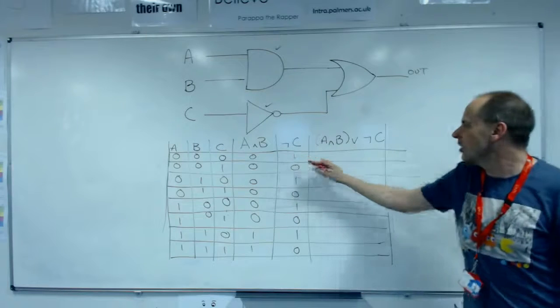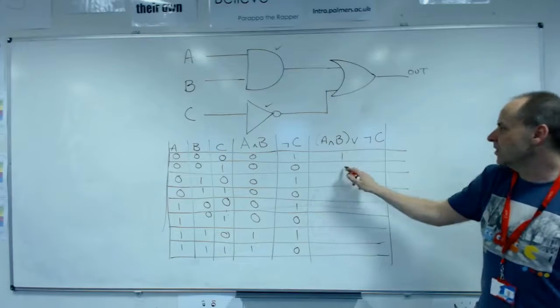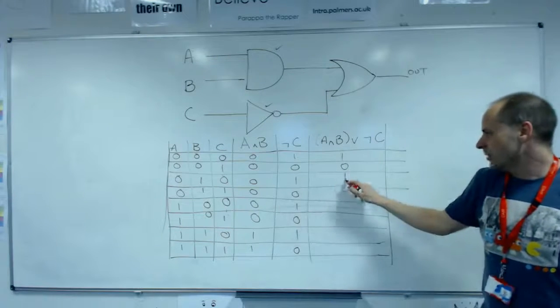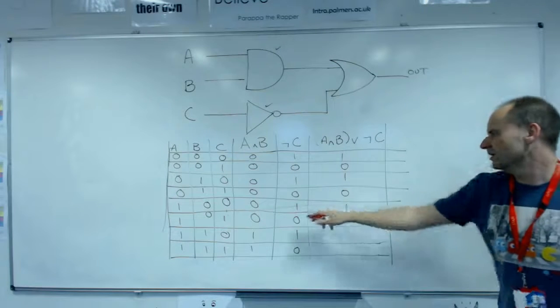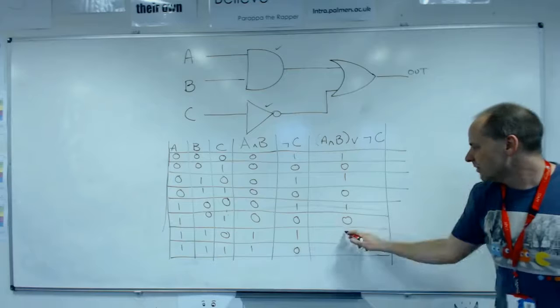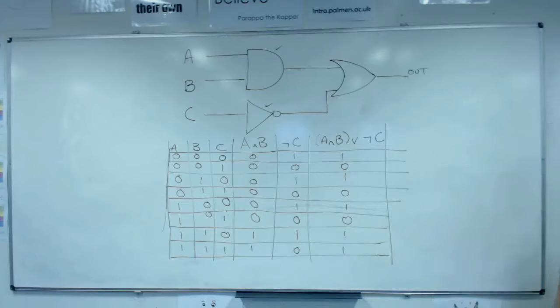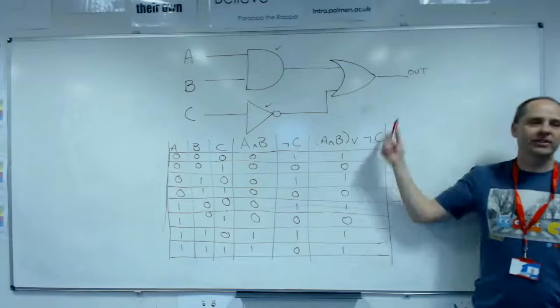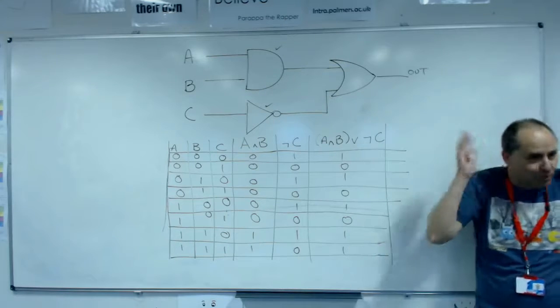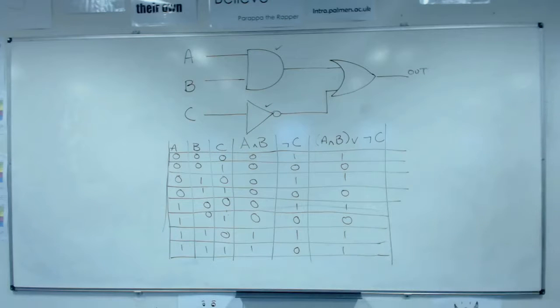So we've got something there, nothing there, something there, nothing there, something there, and then we've got something in the last 2. So what we've done without even thinking about it is we've actually written up the Boolean algebra for that circuit without even worrying about how to do that, just by building up that truth table in steps.